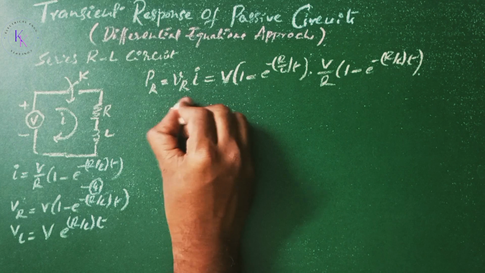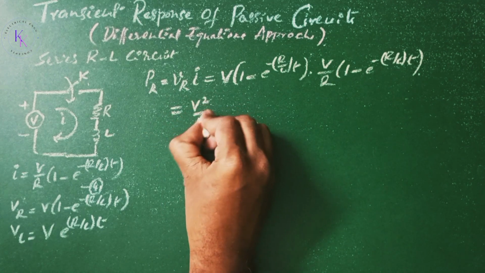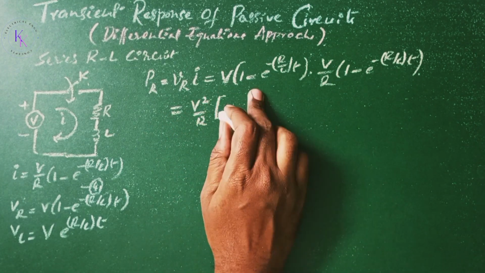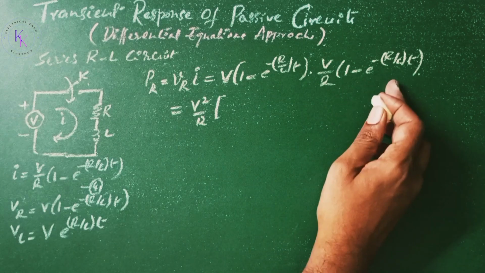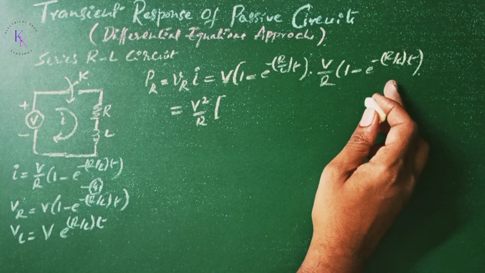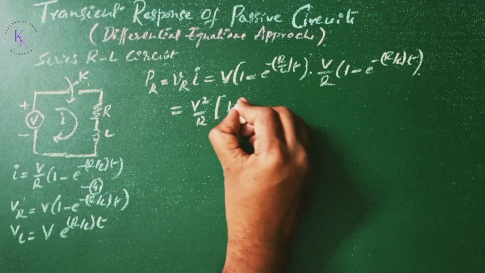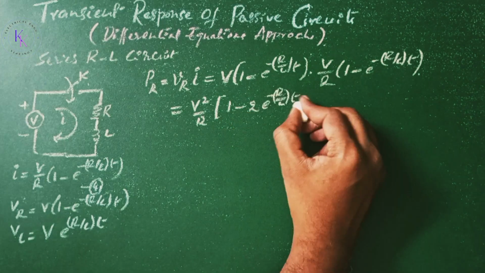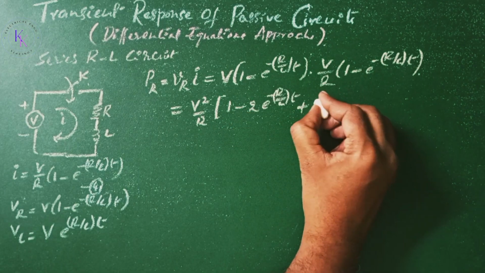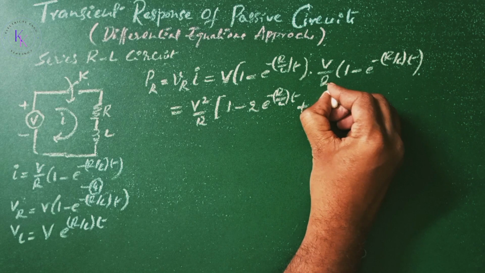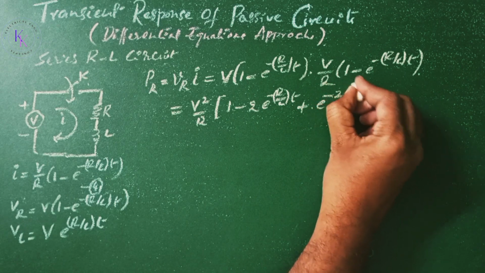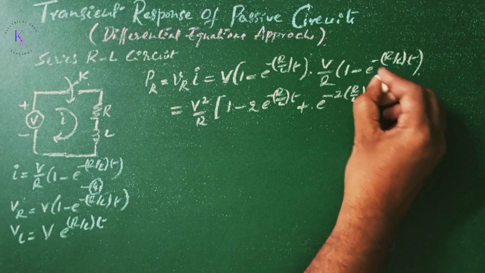Now let us solve this. We get V square by R of (A minus B) whole square, that is A square minus 2AB plus B square, that is 1 minus 2 e to the power of minus R by L of t plus e to the power of minus 2 R by L of t.